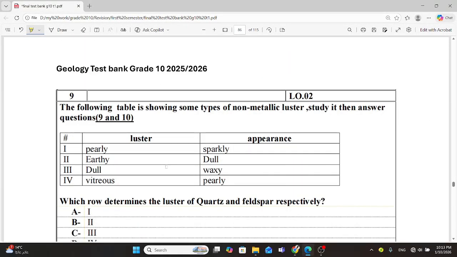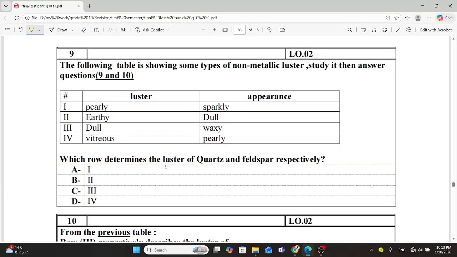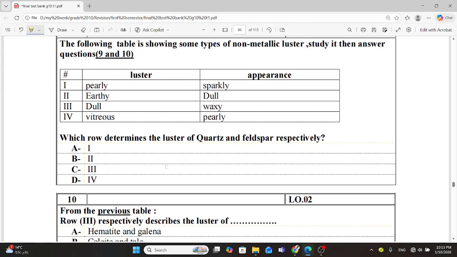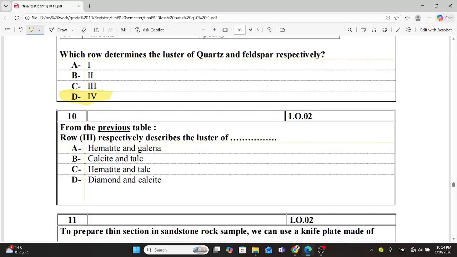It says the following table is showing some types of non-metallic luster. Study it and answer questions 9 and 10. Which row determines the luster of quartz and feldspar respectively? Quartz's luster is vitreous, okay, and feldspar is pearly, so it will be this one.